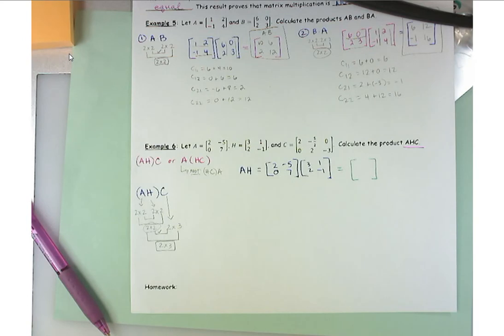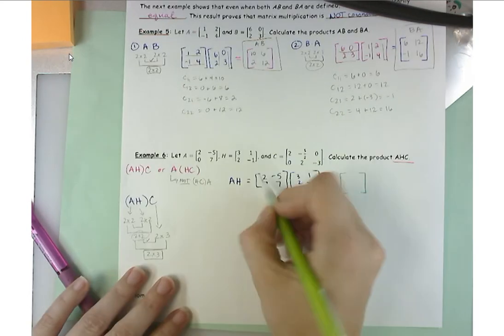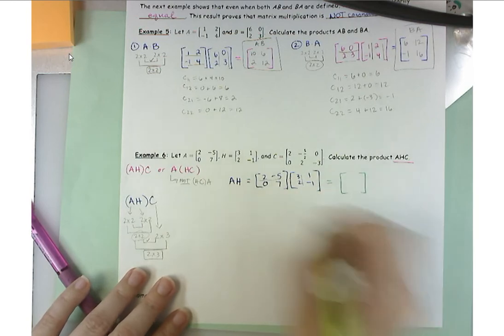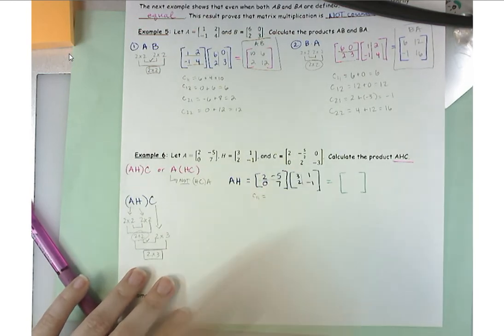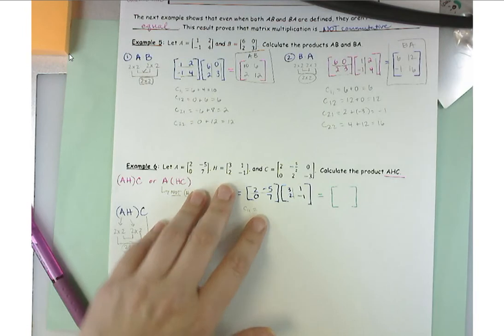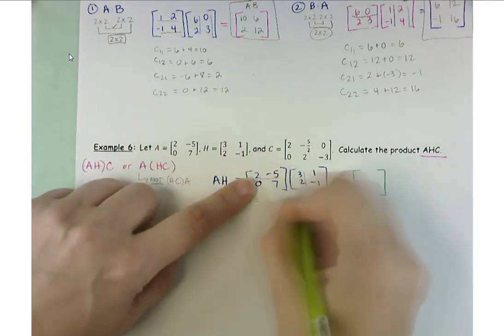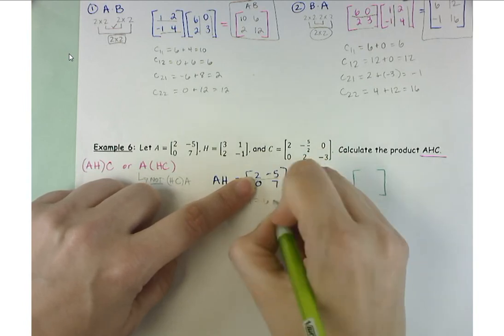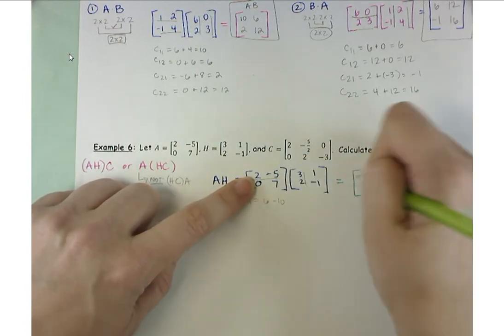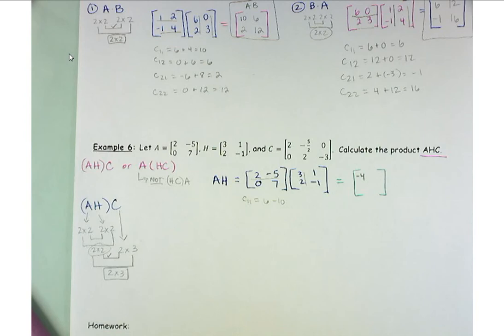All right, how did multiplying go? So first row, first column. I'm just going to show you how you can do this quickly. So like you'll be multiplying the first part in your head, right? 3 times 2 is 6. This would be 6 minus 10, which is going to be negative 4. So then you're just going to put that in your matrix.